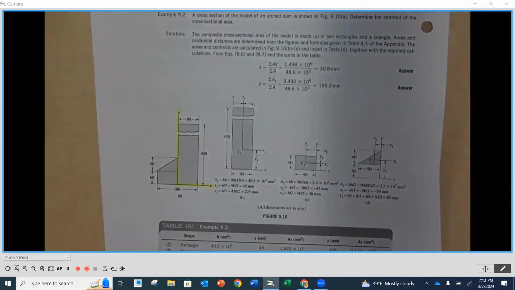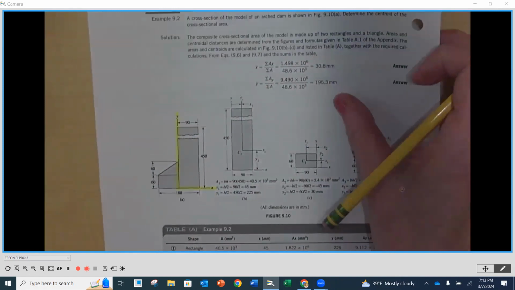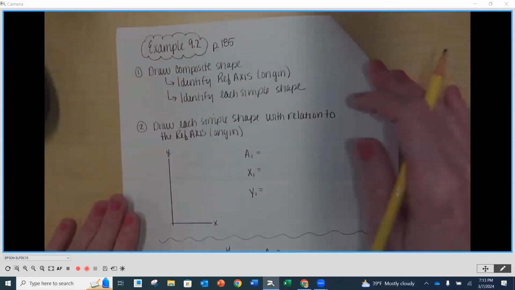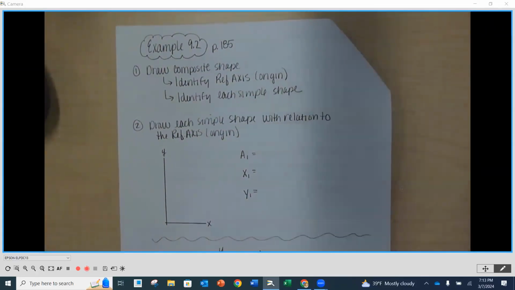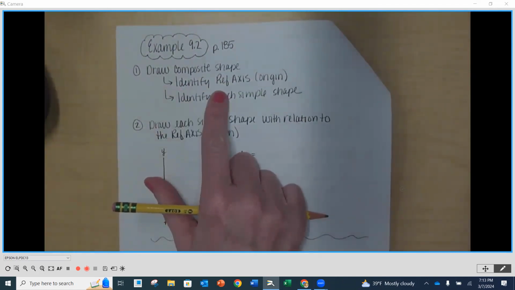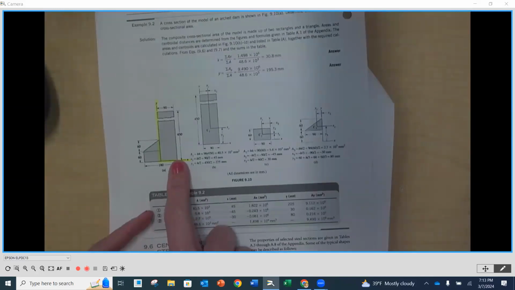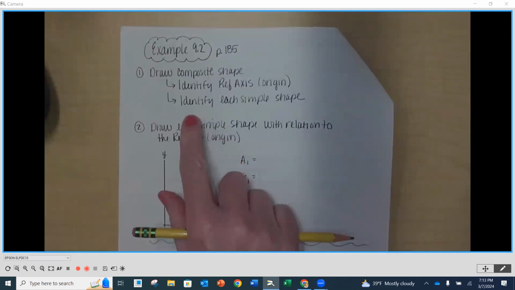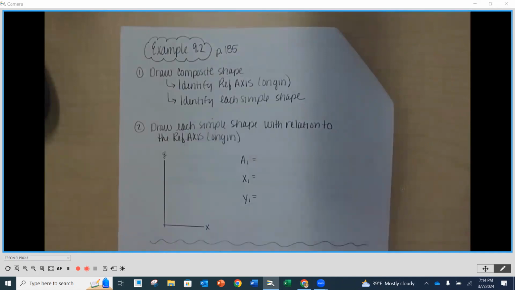First things first, we have to draw ours. You'll notice that it says first we want to identify our reference axis, which they gave to us in our problem. I just highlighted it in my handout here. And then we want to identify each one of the simple shapes.